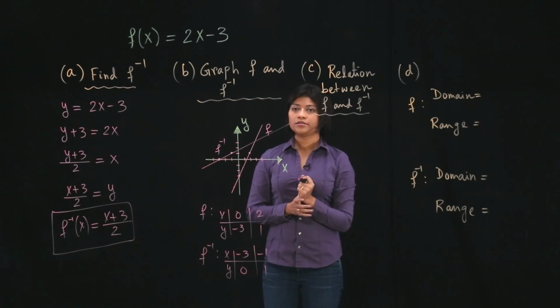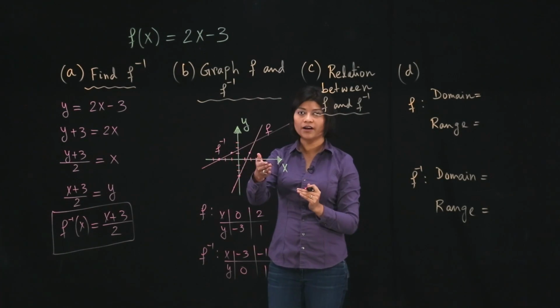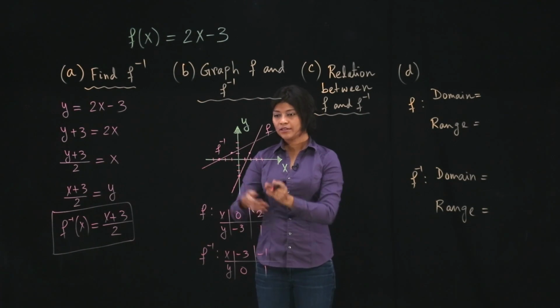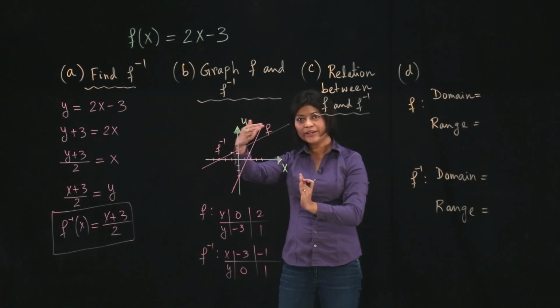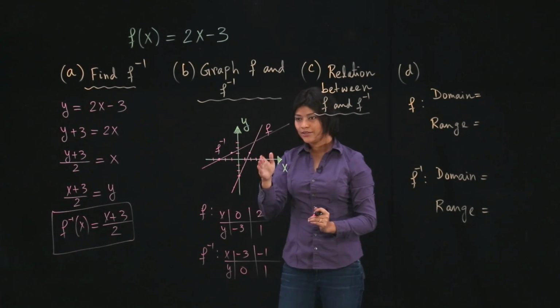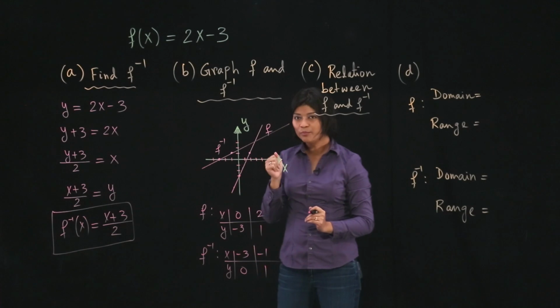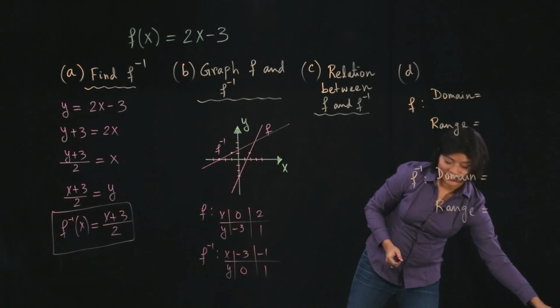Now, let's move on to part C. What is the relationship between a function and its inverse? Can you tell? Do you see that they are kind of like mirror images of each other? But where is the mirror? Guess what? The mirror is y equals x. So let's check that.